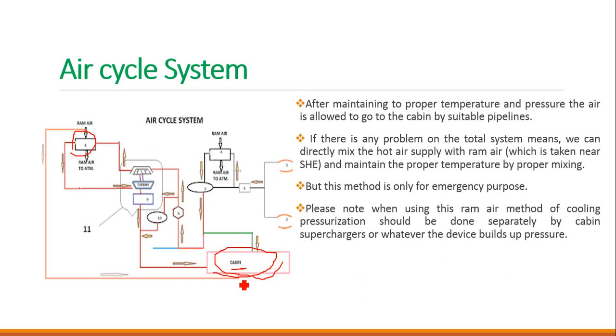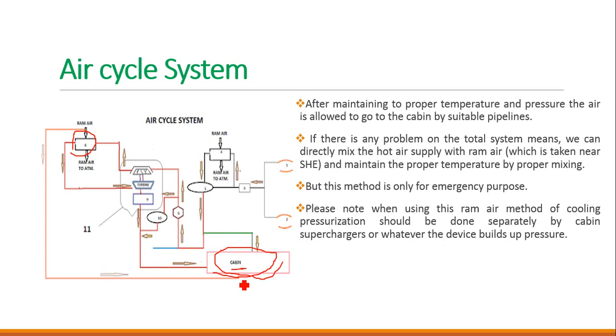We use some bypass valves and pass the ram air to the outlet of the compressor. There we also need a heat exchanger, because after the refrigeration unit the air should be cooled down. So we need to cool the air from the compressor. After cooling down through the secondary heat exchanger bypass valve, it enters the turbine.